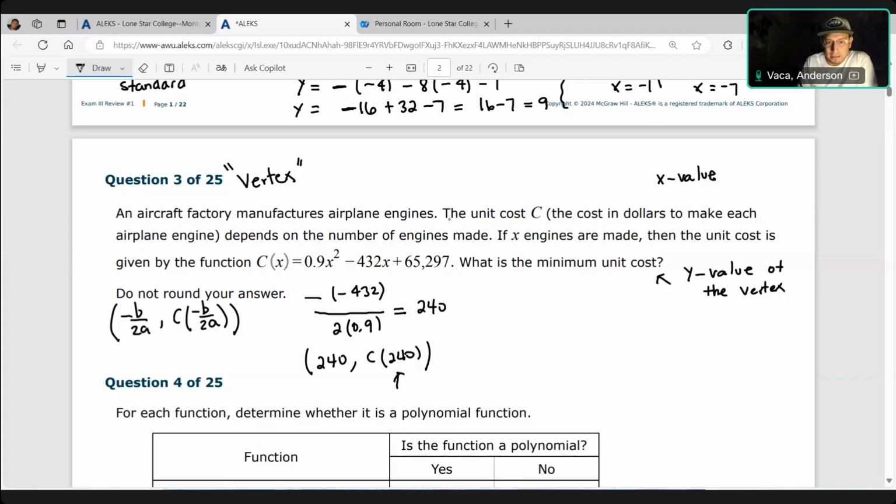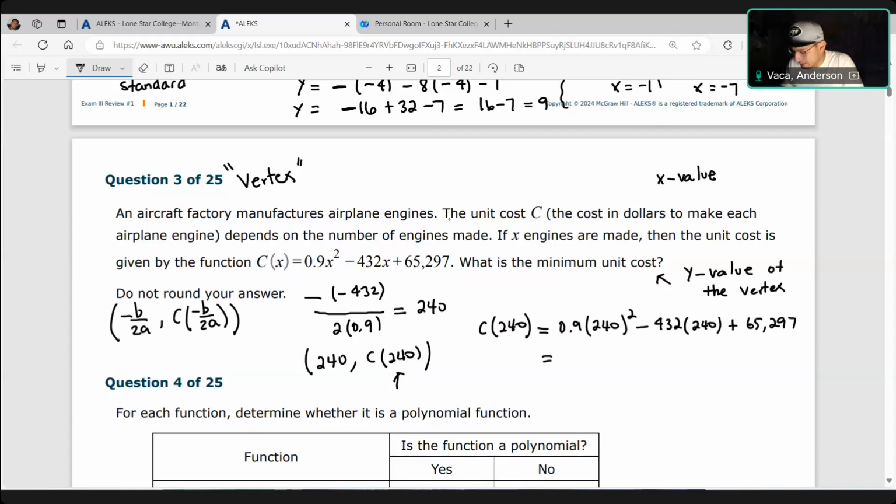So C of 240 is equal to 0.09 times 240 squared minus 432 times 240 plus 65,297.